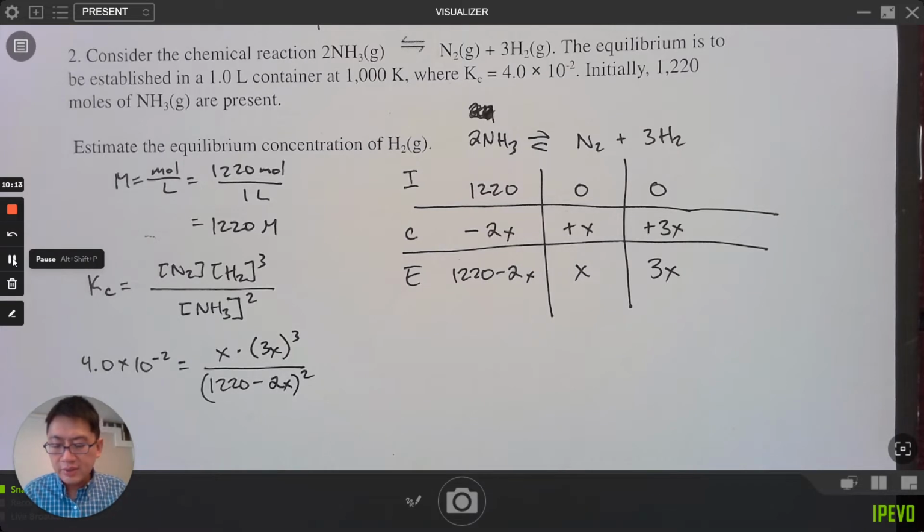Once we do that, now the hard part is to find x.